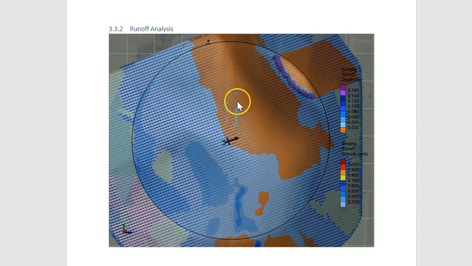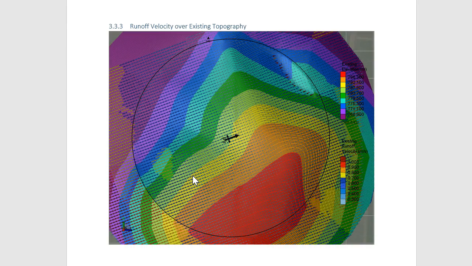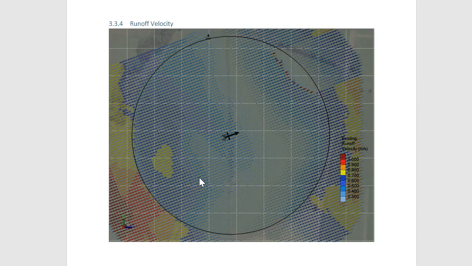Here's the runoff arrows and runoff depth map. You can see it's much better. It's more easily seen probably on this map here. You see there's only one area that gets up above 0.7 of a meter per second, so much better.